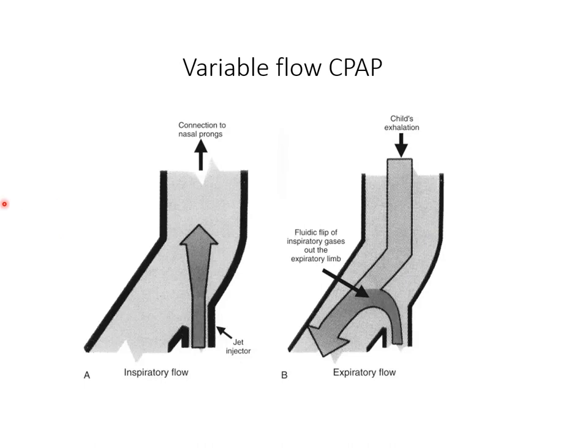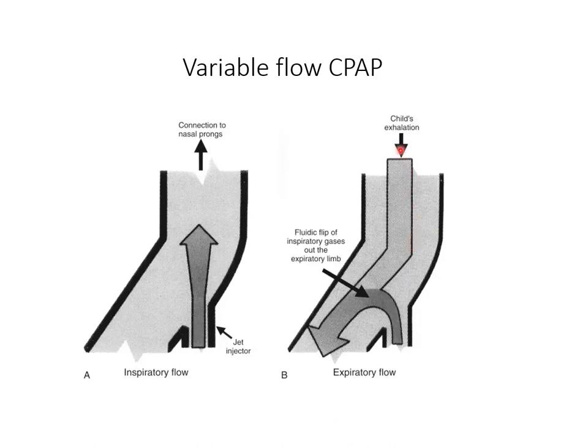So variable flow CPAP, this is the nasal prong side. This goes into the nose of the baby, and close to the nasal prongs, there is a small jet injector, where a strong stream of jet pushes the air mass. So during inspiratory flow, this is how the jet will push air into the baby and thereby deliver CPAP.